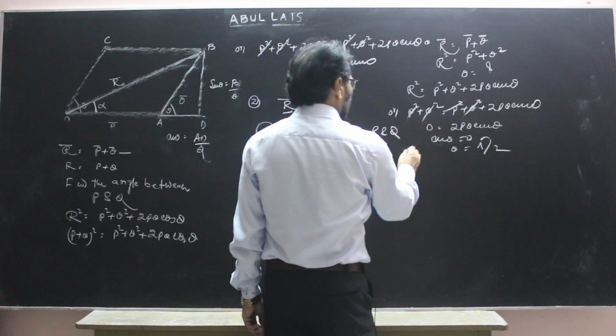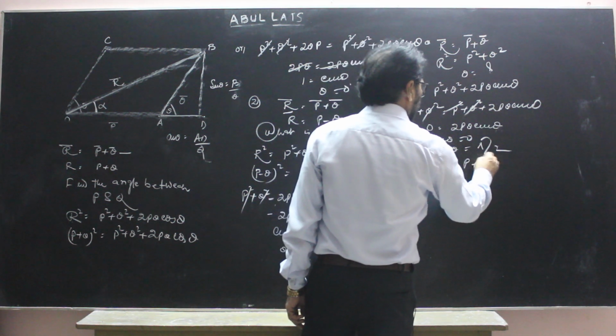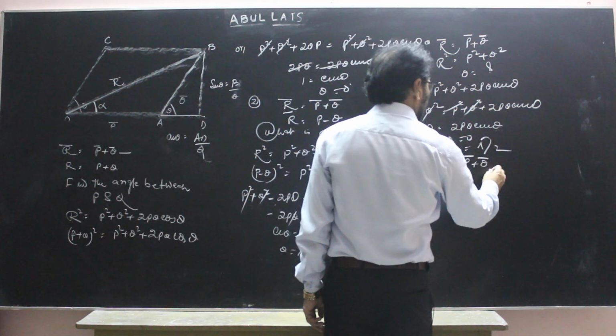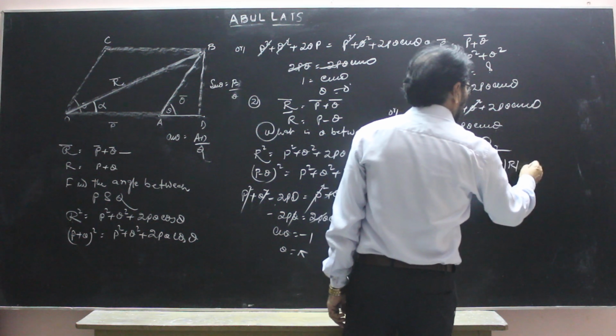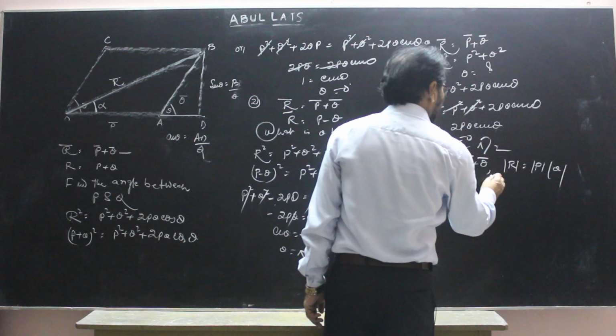And the fourth, if R is equal to P plus Q and mod R is equal to mod P is equal to mod Q, what is the value of theta?